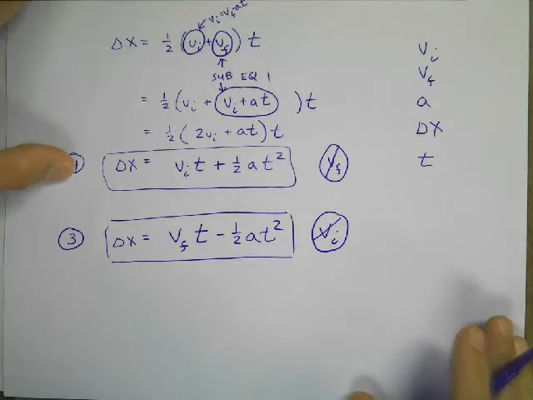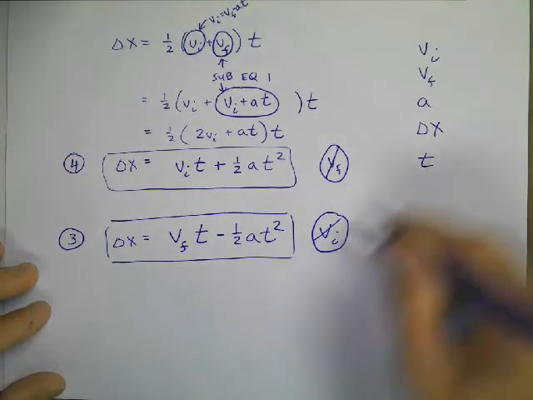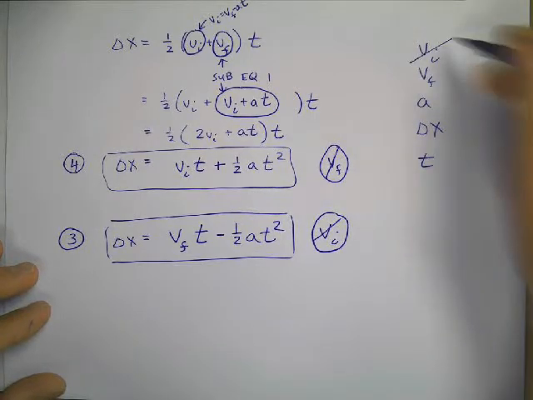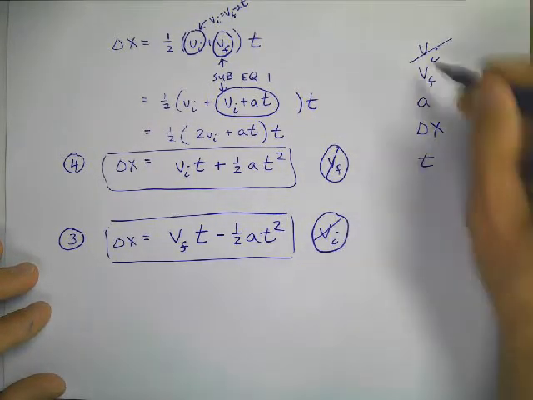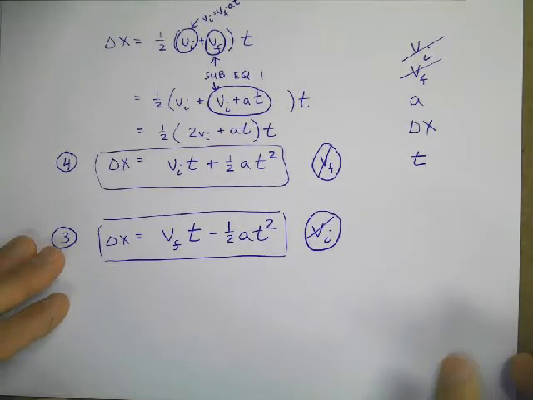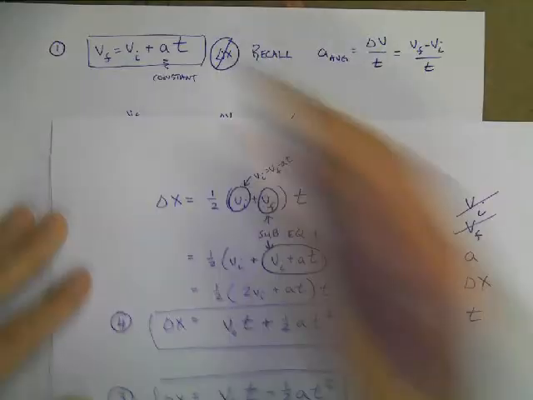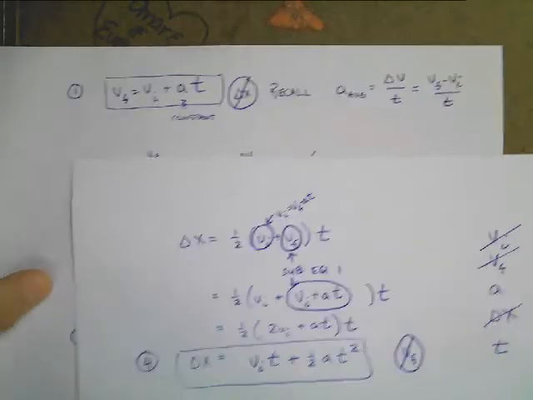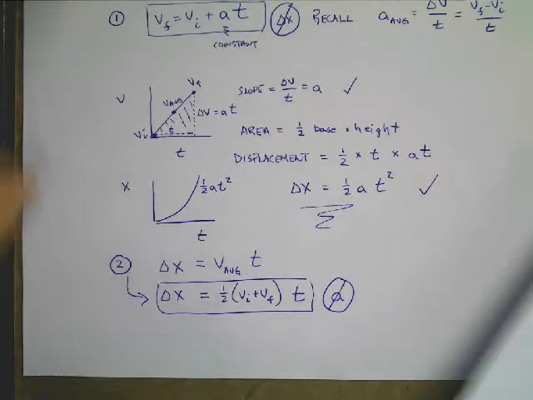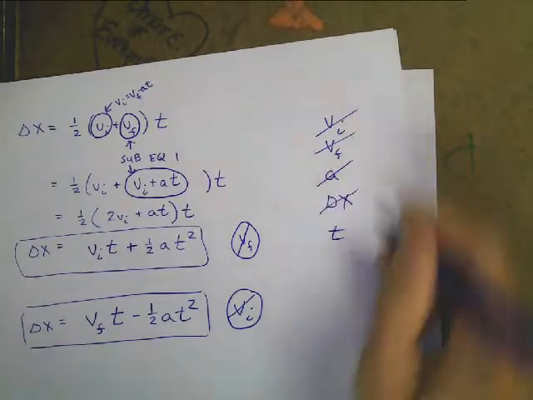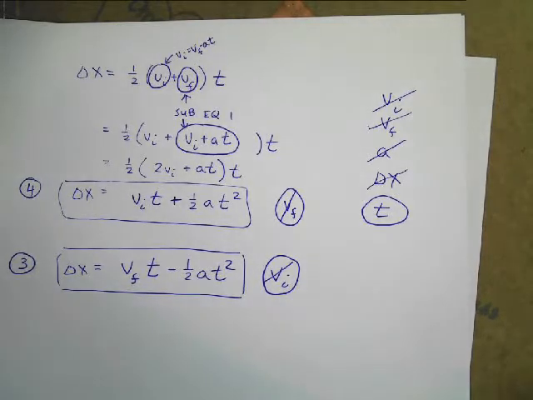Now, if you go back and look at what we've crossed off so far, we have an equation that doesn't use this, an equation that doesn't use that, an equation that doesn't use displacement, and we have one that doesn't use acceleration. So we would really like to have one that doesn't use time.